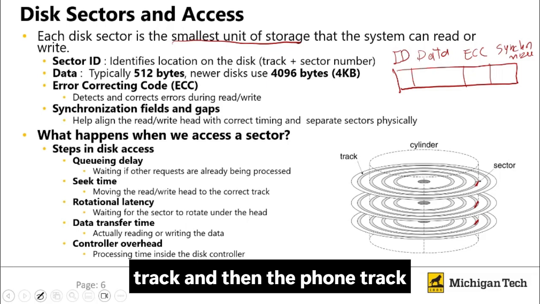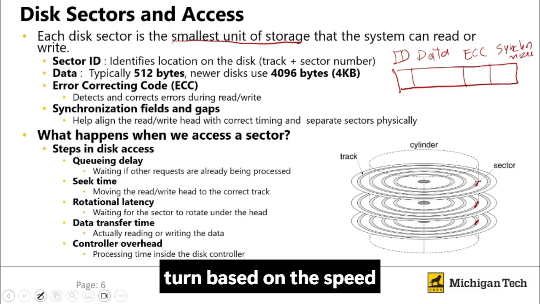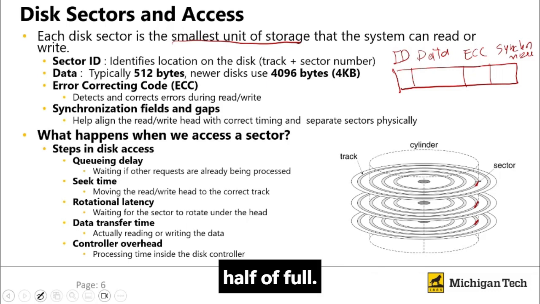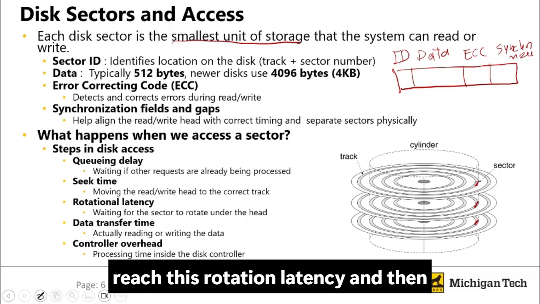And when we find the track, we need to wait for the data to come. Data takes one turn based on the speed, and on average we wait half of a full turn. This is the rotation latency.